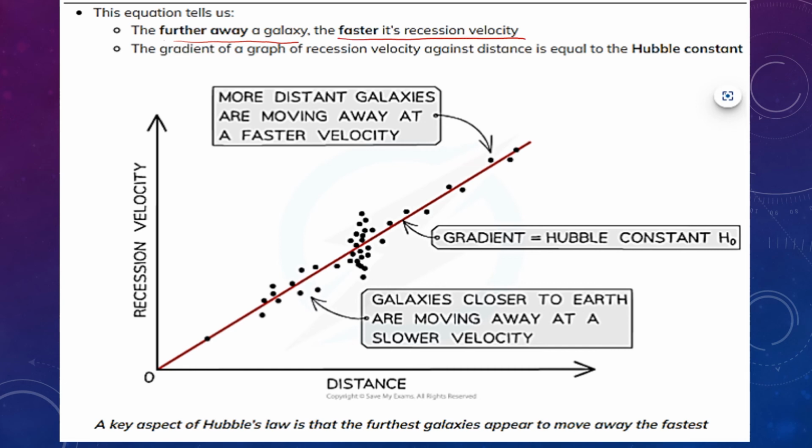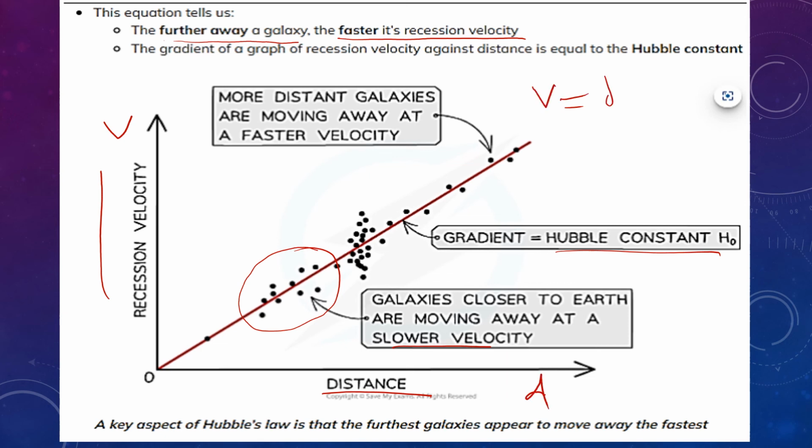Okay, now what they do is they plot the whole galaxies on a graph. So this is the distance of the galaxies from the Earth, and this is their recession velocities. So you can see that galaxies closer to Earth are moving away at slower speed. So let's say these ones, and the gradient of this graph gives you Hubble's constant, because this is recession velocity and this is distance.